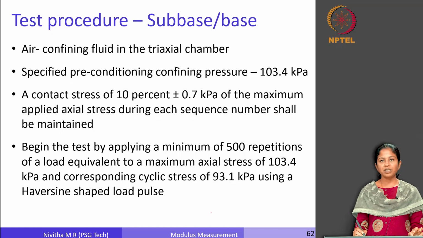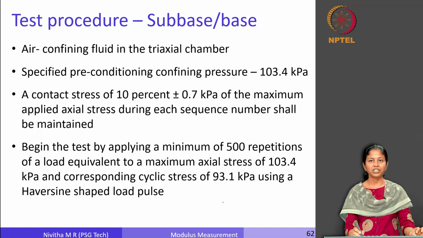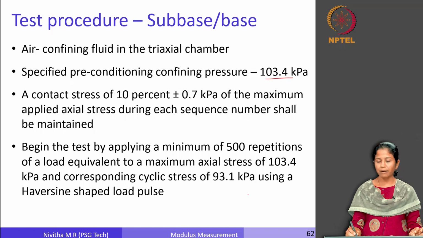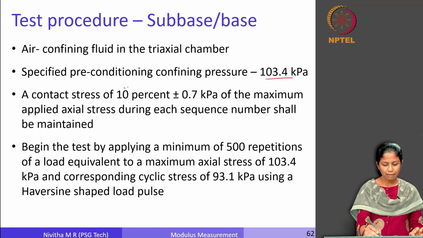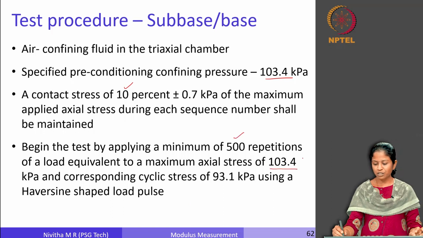Now, the same procedure is used for subbase and base materials, except that there is a variation in the confining pressure and the maximum load. Here the confining pressure used is 103.4 kilopascals, the same 10% contact stress, the same 500 to 1000 repetitions, except that the maximum axial stress was about 27 in the previous case.